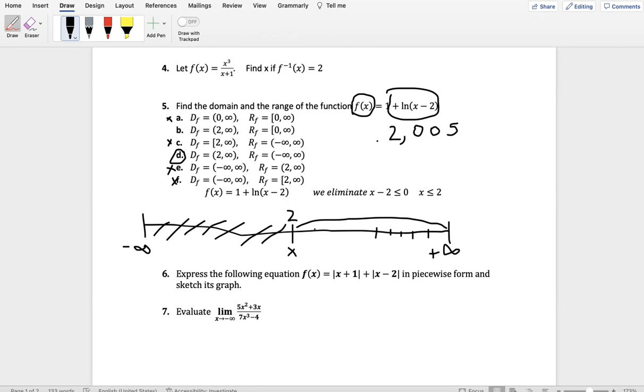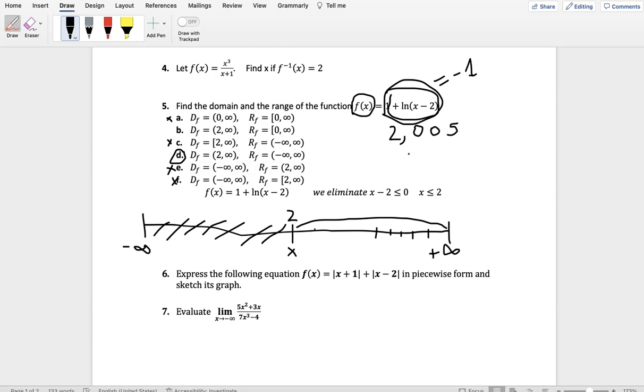So what that tells you is that 1 plus ln of x minus 2 cannot be, for example, minus 1. This whole thing here, whatever value of x you find, cannot be equal, for example, to minus 1. Okay? So that's what that range is telling you.